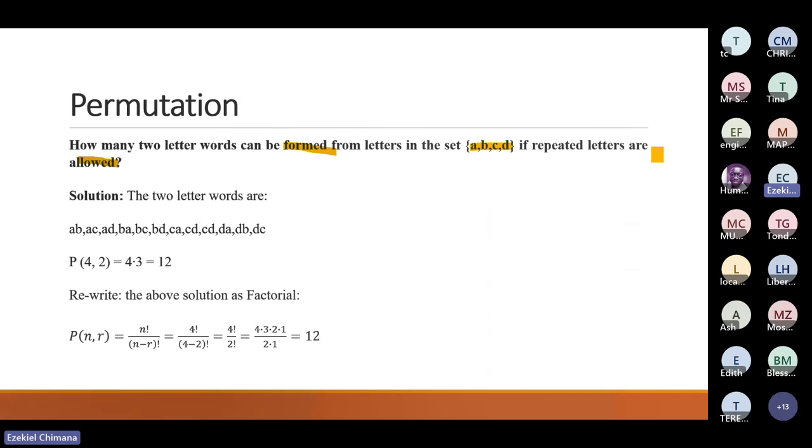There is this keyword, how many 2-letter words. You are given that your r is 2, and then you are given a set with how many elements? 1, 2, 3, 4, with 4 elements.